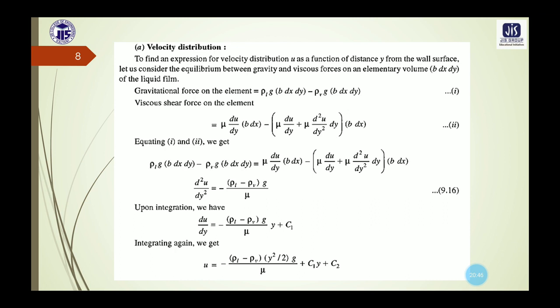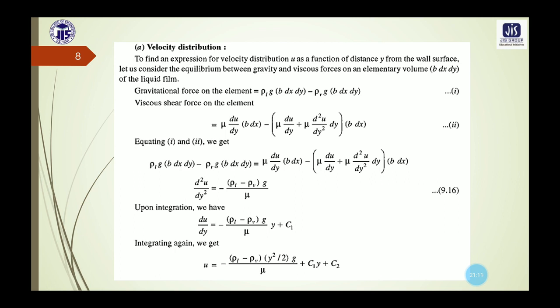Next, if we consider the viscous shear force on the element, in that case the viscous shear force on the element will be mu du/dy multiplied by b dx minus mu du/dy plus mu d2u/dy2 dy multiplied by b dx.